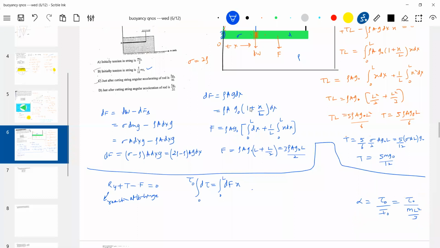Okay, this will be the integral of rho A g dx into x, from 0 to L. Further, this torque is equal to rho A g, where g is g naught.